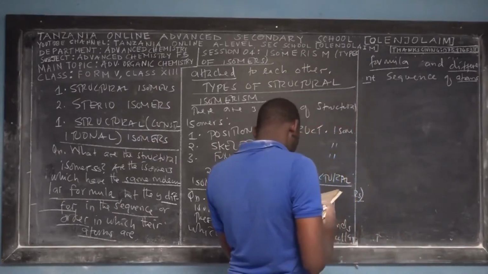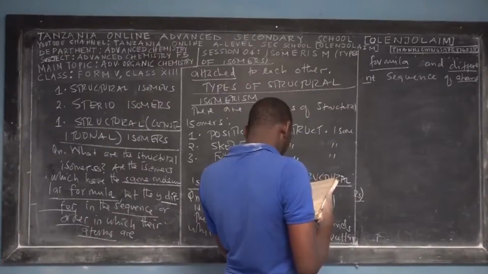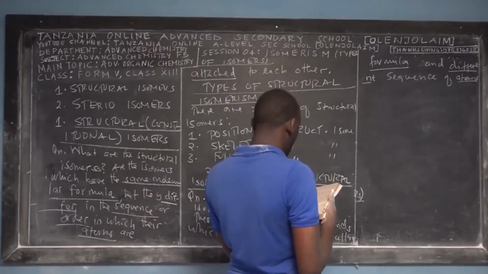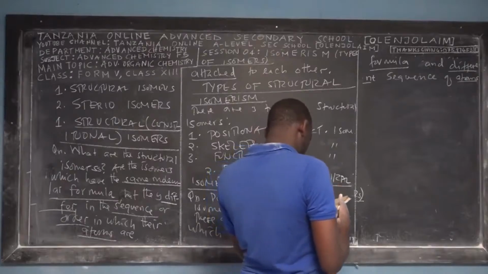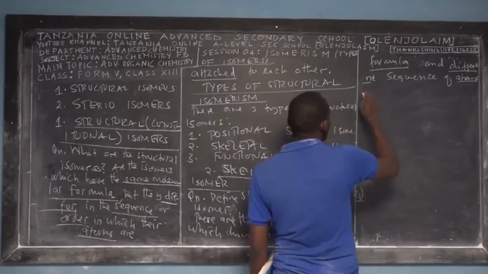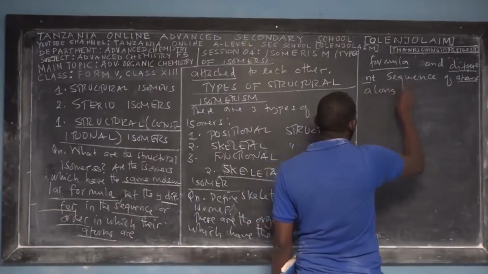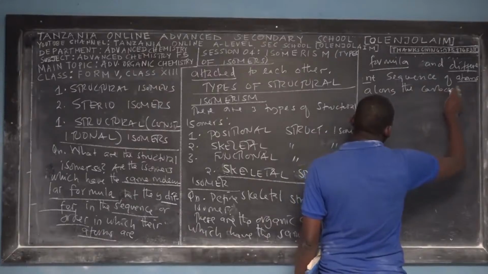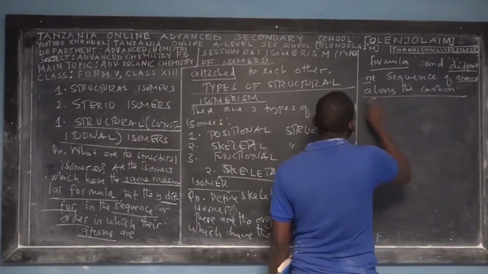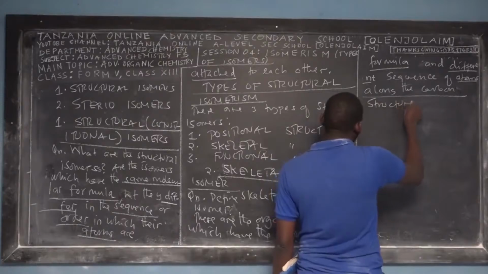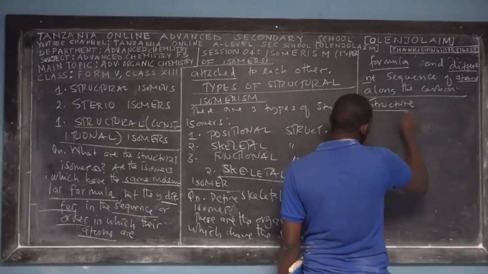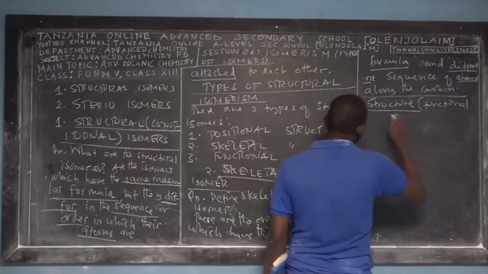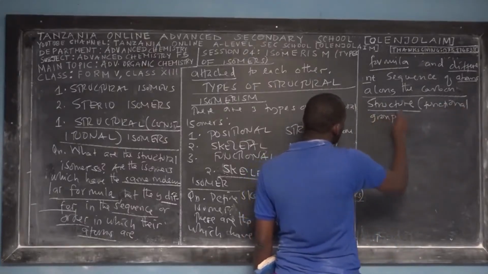Different sequence of atoms along the carbon structure. When we say the carbon structure, we mean the functional group.